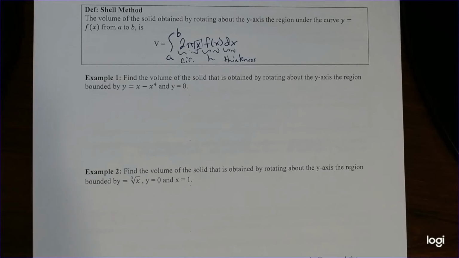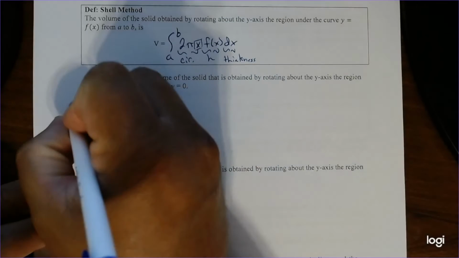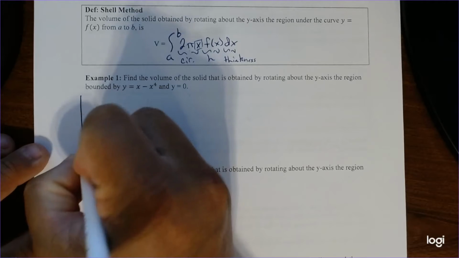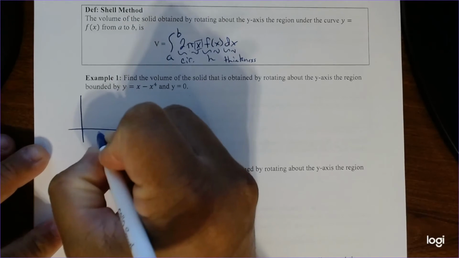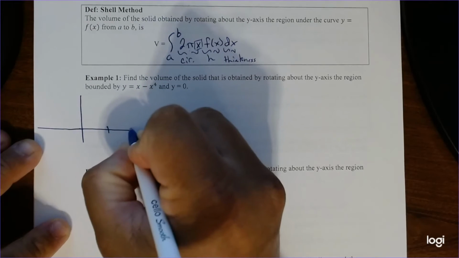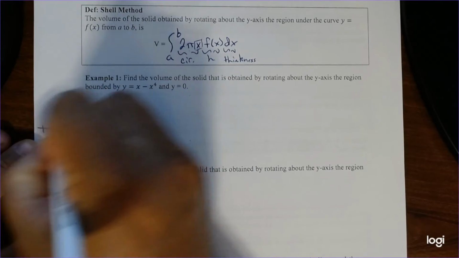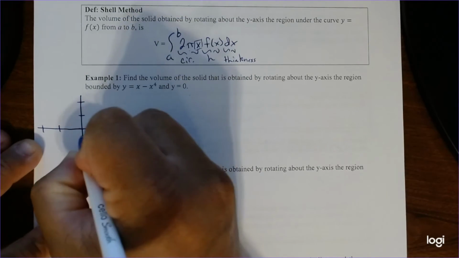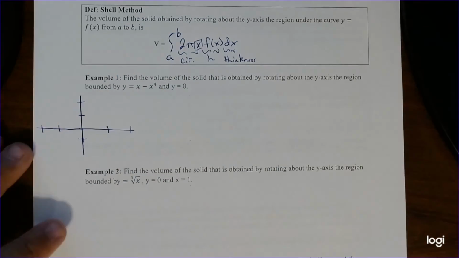So let's find the volume of the solid obtained by rotating about the y-axis the region bounded by y equals x minus x to the fourth and y equals 0. Just like everything else, let's figure out what's actually happening here. Let's graph this a little.